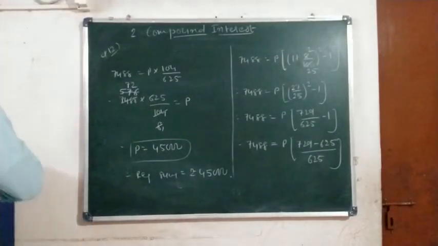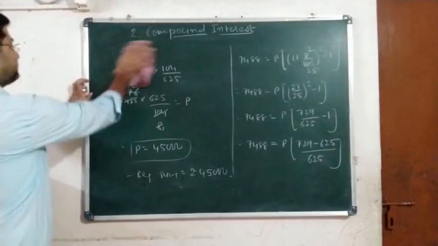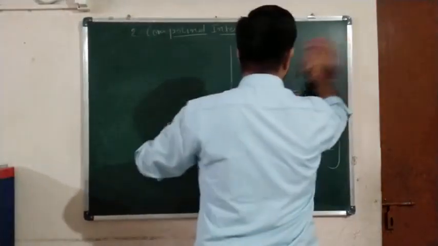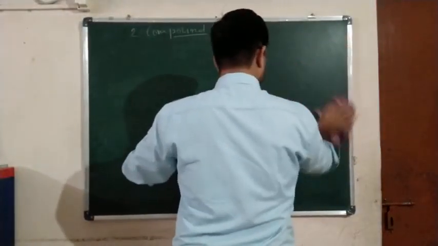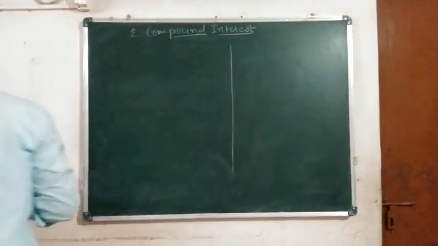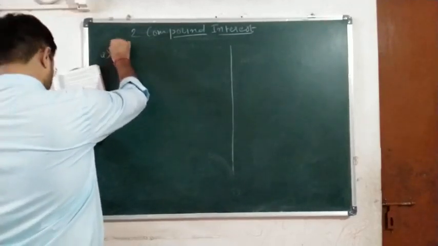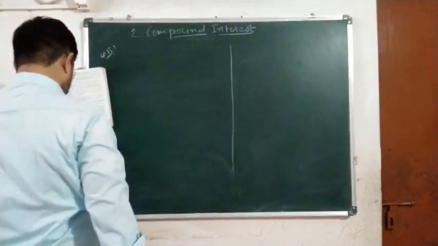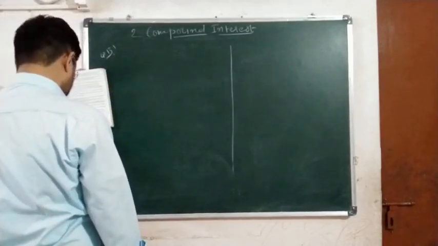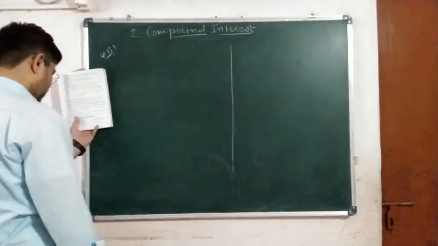Okay, now let us solve the next question. Question number 13. The difference between the simple interest and the compound interest on a sum of money for 3 years at 10% per annum is rupees 558.